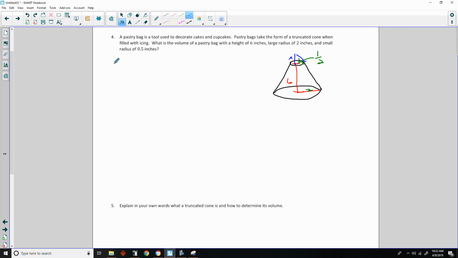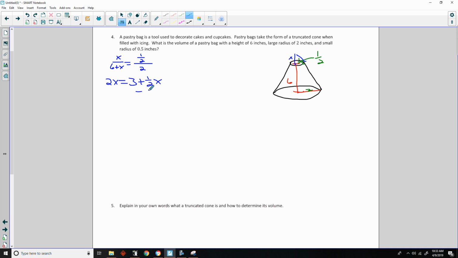So the first thing we're going to do is say x over the whole thing, which is 6 plus x, equals 1/2 over 2. Cross multiply. 2x equals, and 1/2 times 6 is 3 plus 1/2 x.